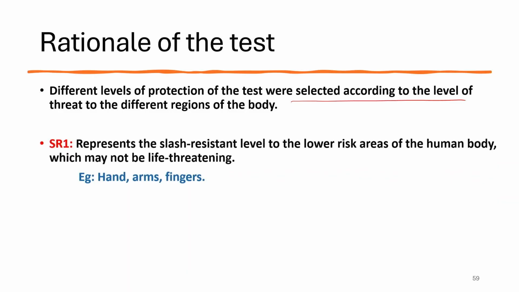SR1 is the slash resistant 1 level. This represents the lower risk areas of the human body, which may not be life threatening, like hand, arm, fingers.